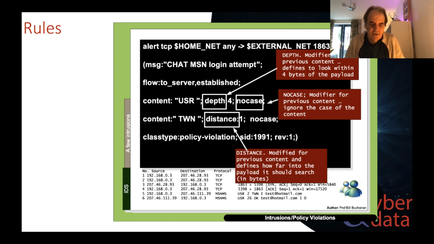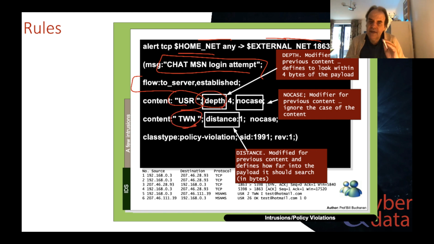This is the source and destination IP address and a TCP port. This is the message that's going to be shown. We can have the flow, whether it's to a server or to a client. Then we can define the content that we're looking for, and the depth defines the number of bytes to look for inside the payload, and the distance will show how far away this piece of content is from the other one.